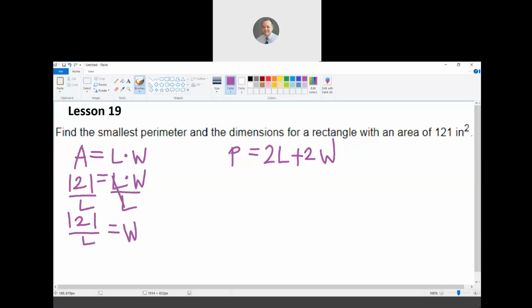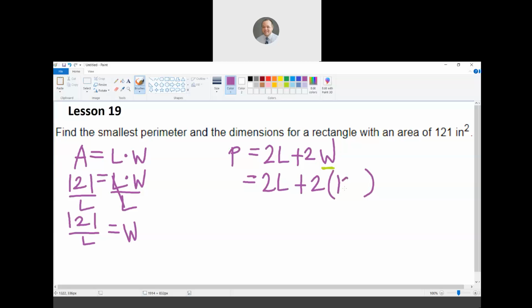What we do with this fraction is, in place of the W in our perimeter formula, plug in that 121 over L. So we have 2L plus 2 times 121 over L. Because we need to take the first derivative, to make it easier on ourselves, let's change the 121 over L into a negative exponent.